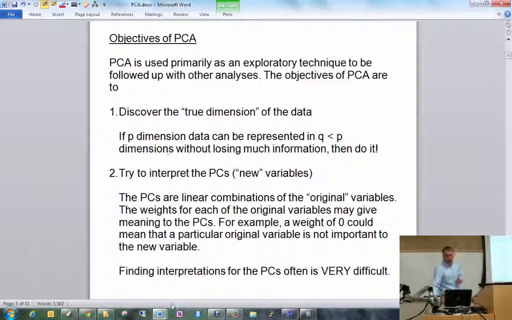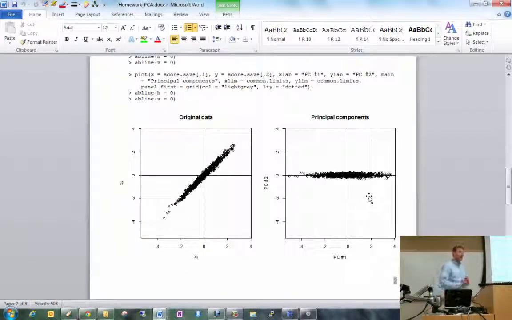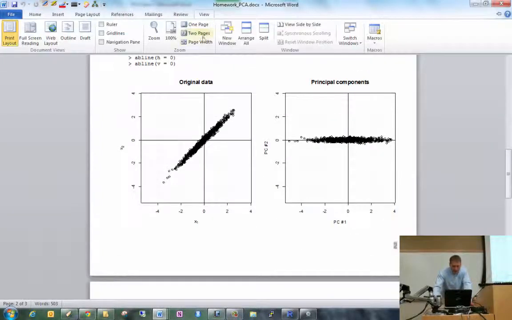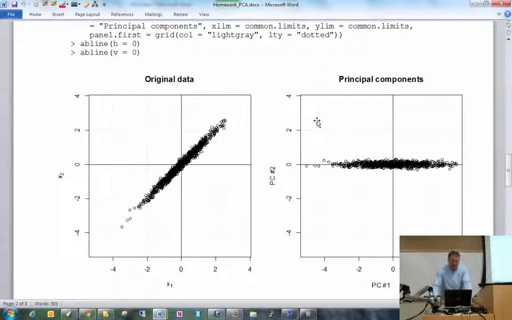To give you an idea of what I mean, here's a plot from the homework in this section. In this plot here, let's blow this up a little bit bigger. Focus on the plot on the left-hand side here. What I did was I simply simulated some data from a bivariate normal distribution.